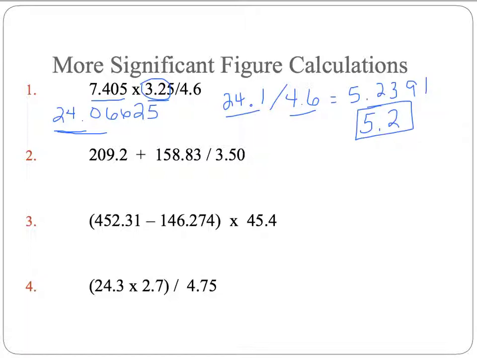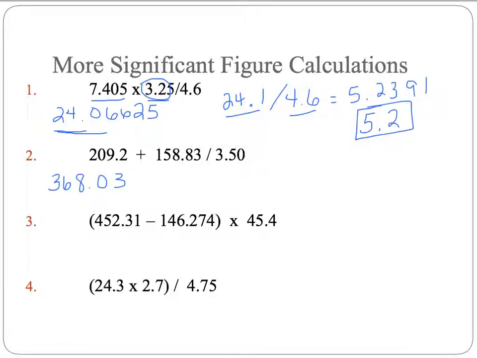The next one, order of operations tells you that you would have to add those numbers first before you divided. So if I add 209.2 plus 158.83, my calculator gives me 368.03. But again, I can't record that measurement more precise than what went into it.